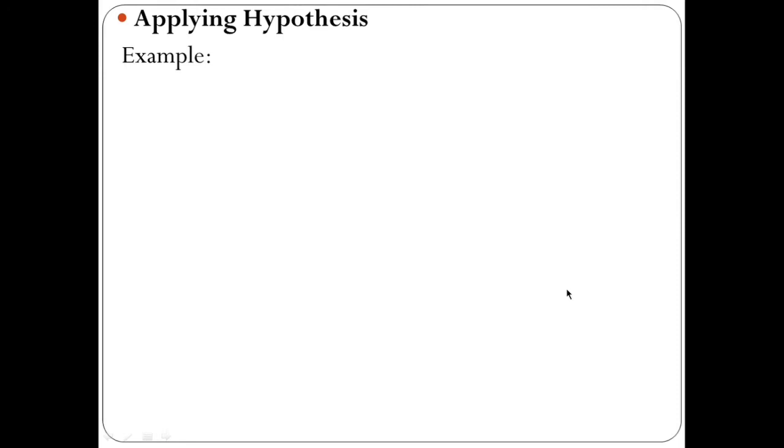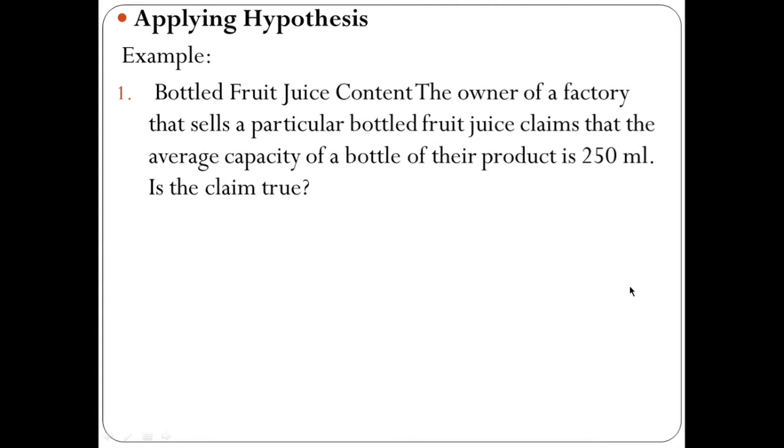Okay, so example number 1. Bottled fruit juice content. The owner of a factory that sells a particular bottled fruit juice claims that the average capacity of a bottle of their product is 250 ml. Parang yung may-ari ng factory, kiniklaim niya na yung every bottle of their product is 250 ml.